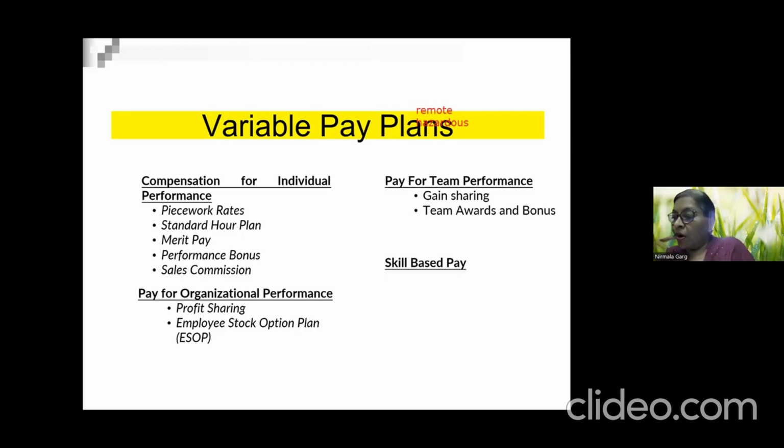Think that you are in a manufacturing organization, manufacturing a car, and there's a wastage of say 5,000 rupees or $5,000 for every vehicle. Normally when you're manufacturing a vehicle, everybody comes together.